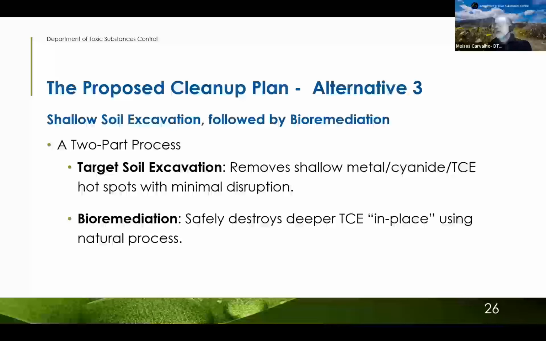The technology of bioremediation, while slower, is a low environmental impact solution that permanently destroys the contaminants on site without the need for deep excavations, which would be expensive and disruptive.